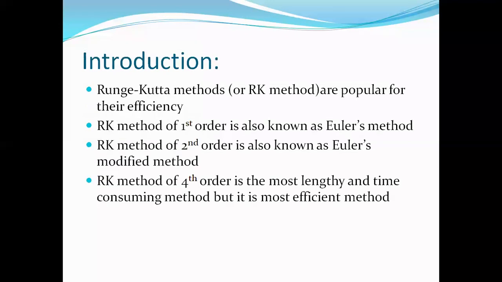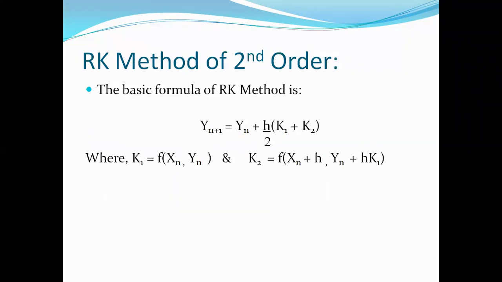Well, for the introduction, as it's written, RK method is very popular for its efficiency. As I had discussed, first order is also known as Euler's method, second order is known as Euler's modified method, and fourth order is very efficient. Now, coming to the formulas for RK method of second order, these are the formulas.